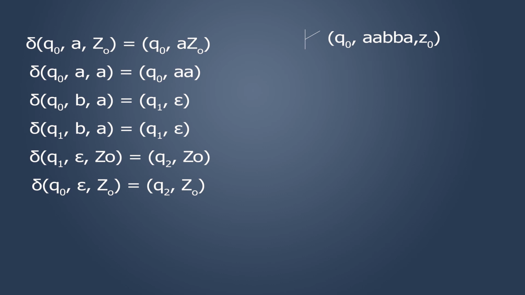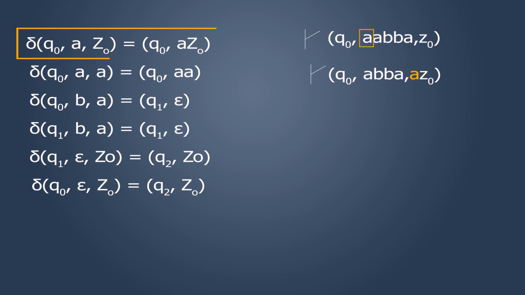We are on Q0 state. Input symbol happens to be A. Z0 is the top of the stack. This transition function would get executed and it would push this A onto the stack like this.